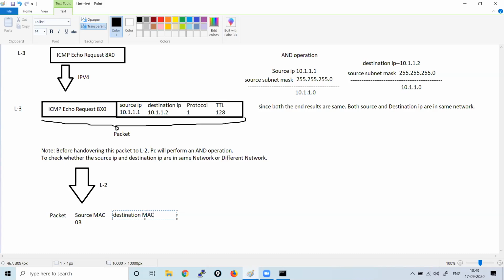Here there is a note: for the first time, when the traffic is initiated, we don't have any information of the destination MAC address. Am I clear? Okay. So for now, the destination MAC would be unknown.